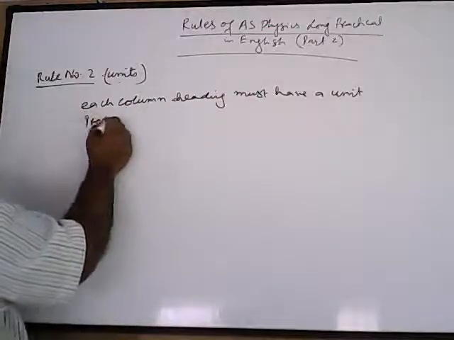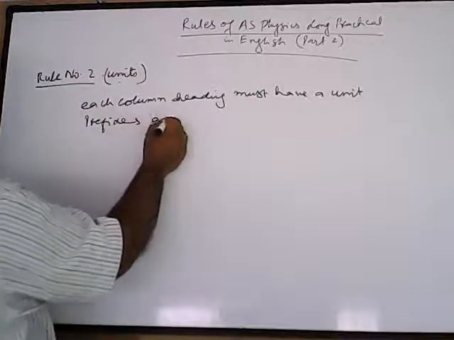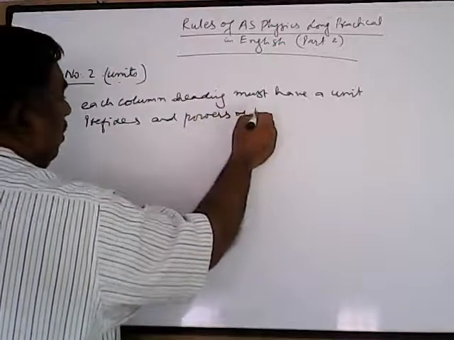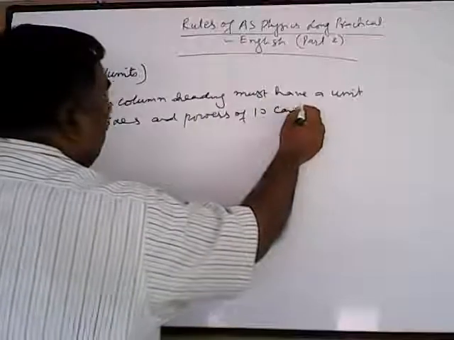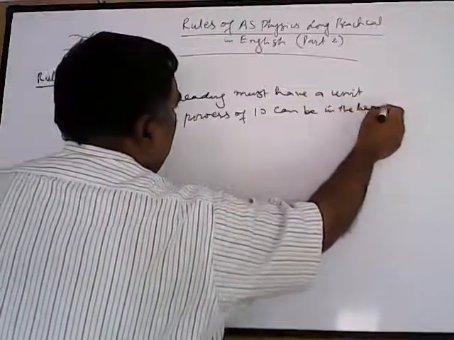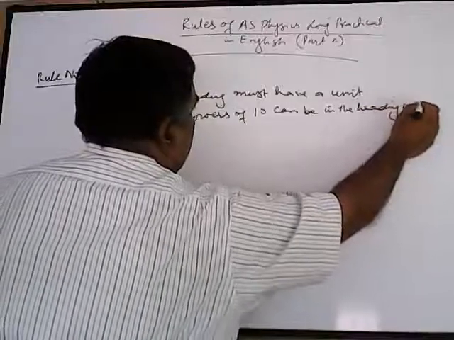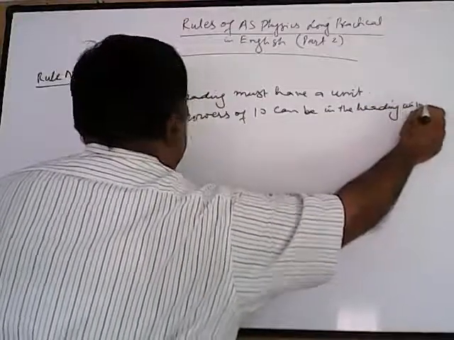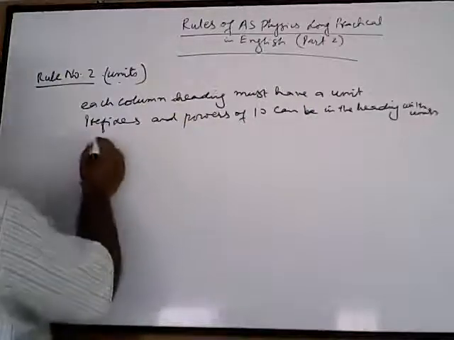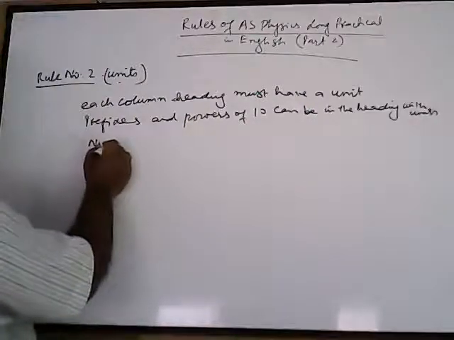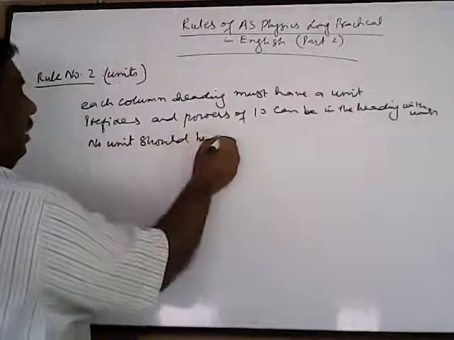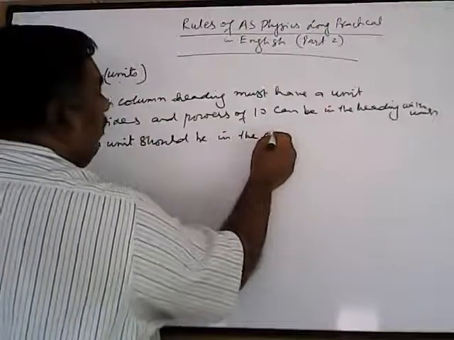Prefixes and powers of 10 can be in the heading with the units. Second thing is, no unit should be in the content of the tables.